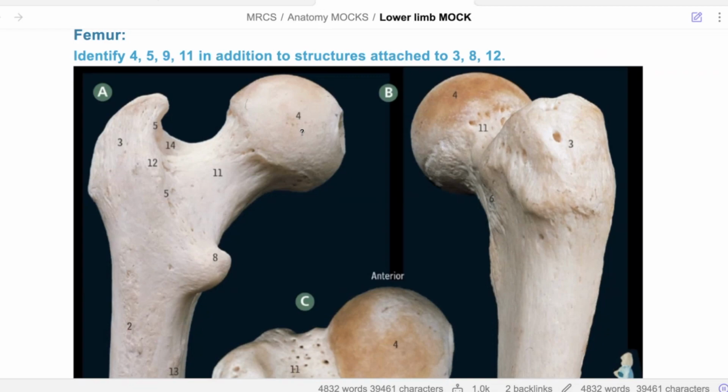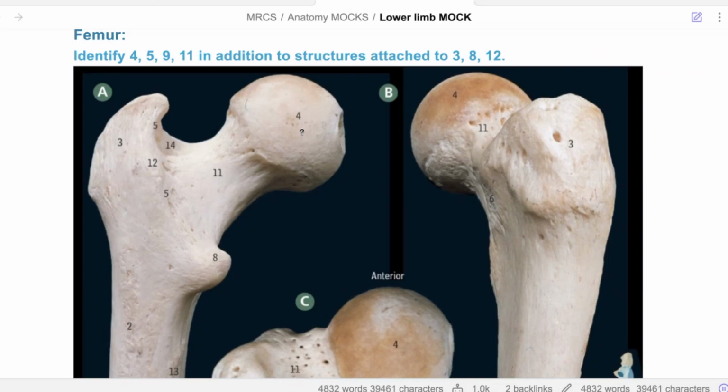Is it right or left? It's left. Sorry, yes. 4 is the head of the left femur. What is 11? 11 is the neck of the left femur.